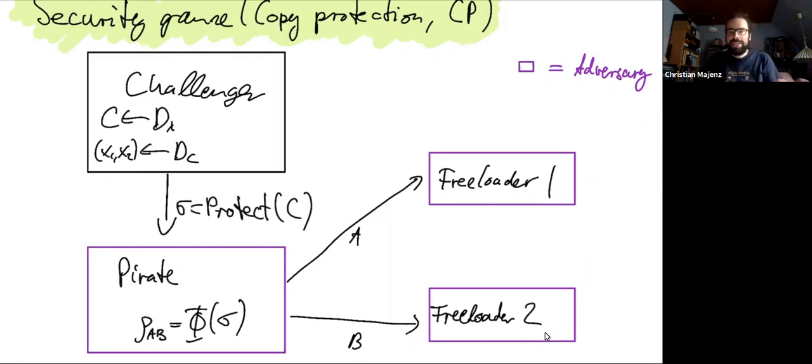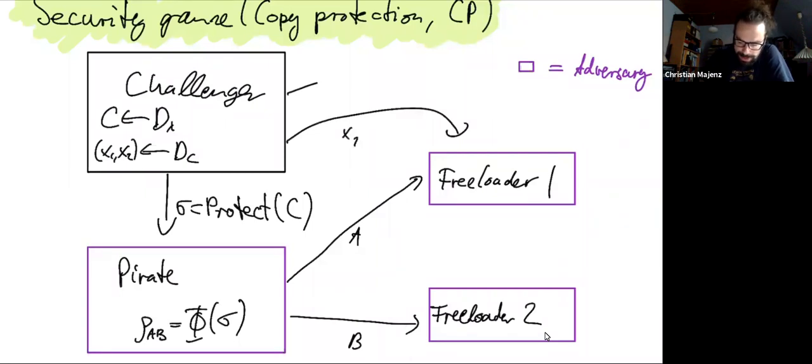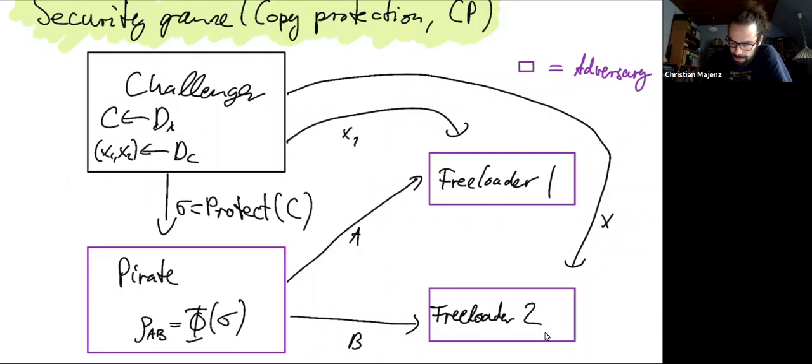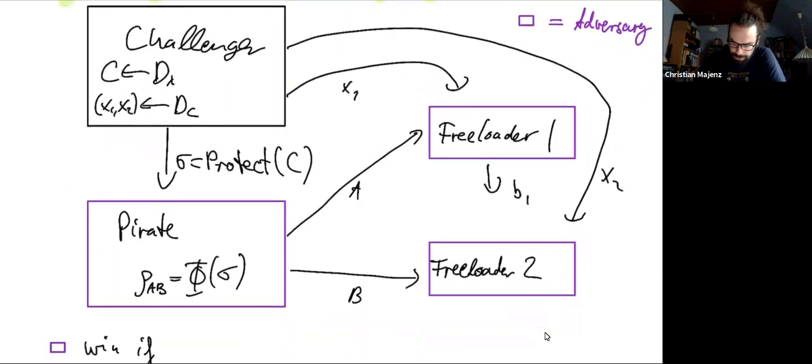Now the pirate can apply an arbitrary map to this state to produce a state rho AB on two registers, and the two registers are sent to the two freeloaders. The challenger sends the challenge inputs X1 and X2 to the two freeloaders, and they output two outputs, B1 and B2.